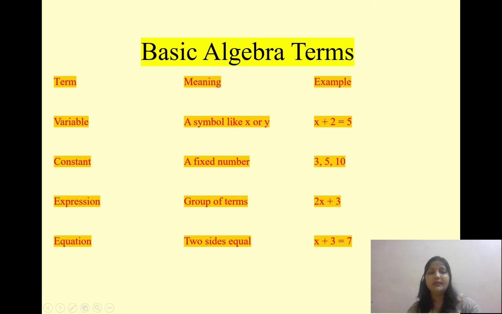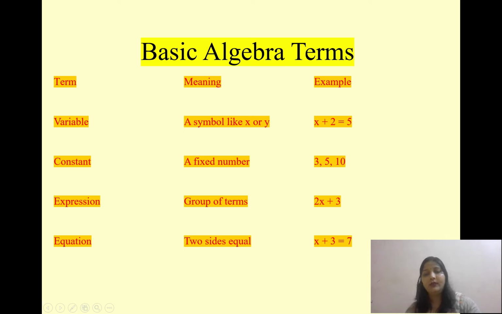Next, constant. A constant is a fixed value like 3, 5, 10, in the form of a number. That is called a constant. Next, expression. A group of terms is called an expression. Here there are 2 terms, separated by an operator. Each is called a term, and the group of terms is called the expression.